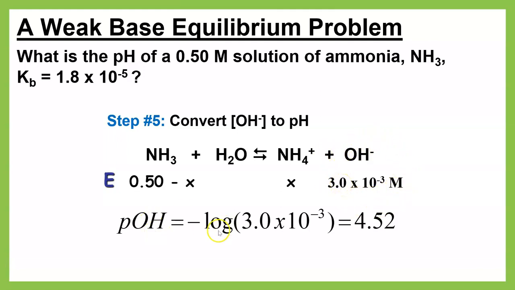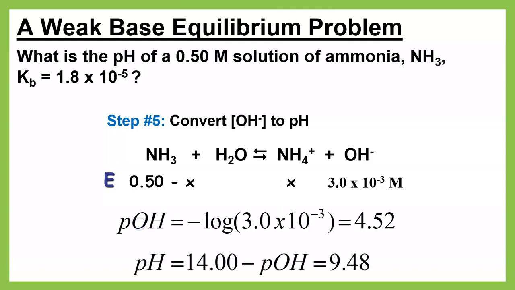So when you do your negative log of that, that's a pOH. I purposely picked the same numbers to be tricky because I want you to notice, and you've got to pay attention to whether you're solving for a pH or a pOH. One of those common things I like to trick people on. So be real careful.